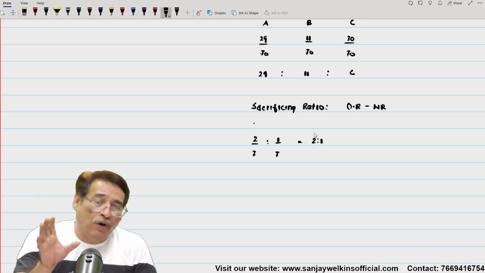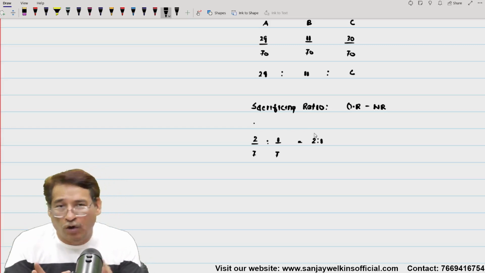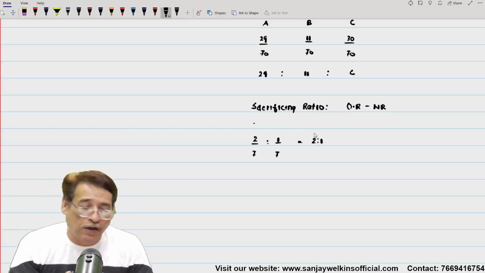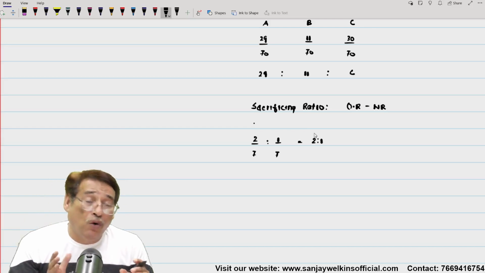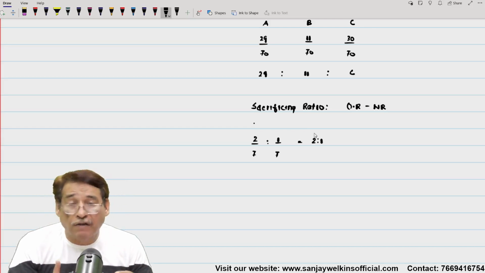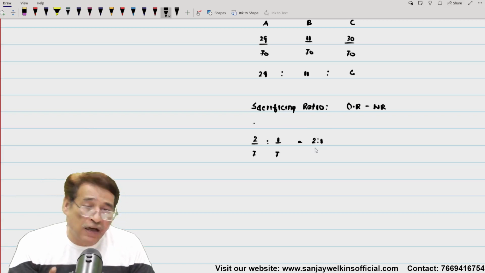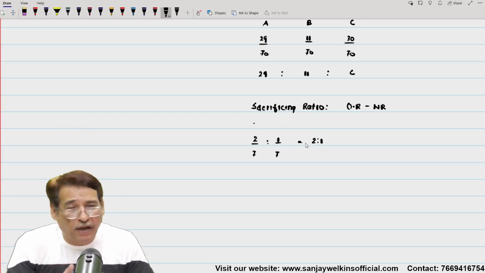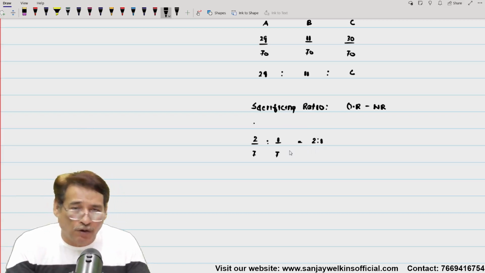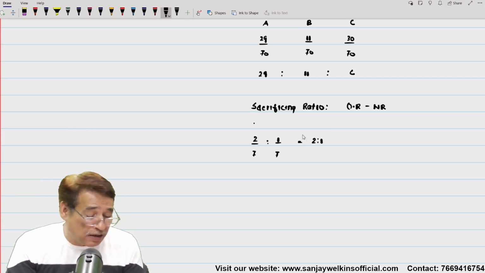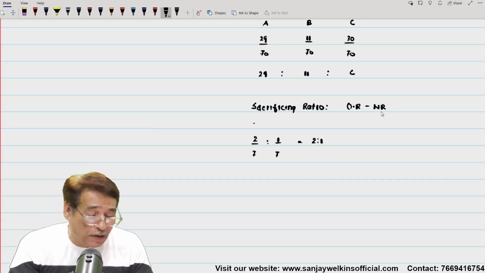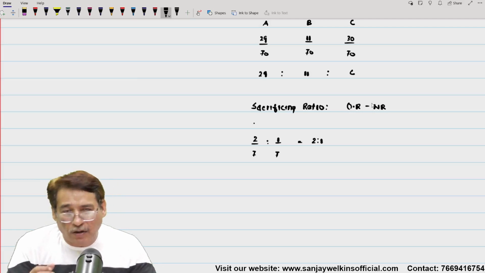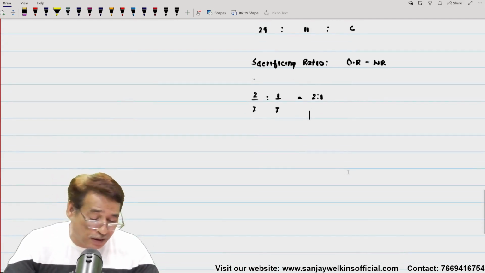That will happen only under the first situation, when only old and new partner shares are given. Whenever old and new partner shares are given and some further information is given, even in that case, we can directly get the sacrificing ratio, but it will be different from the old ratio, no doubt about it. In case you have any problem, you can directly apply this formula and compute sacrificing ratio, correct?